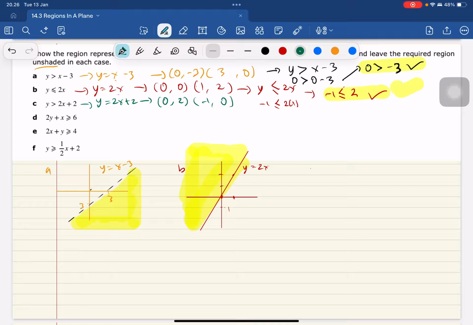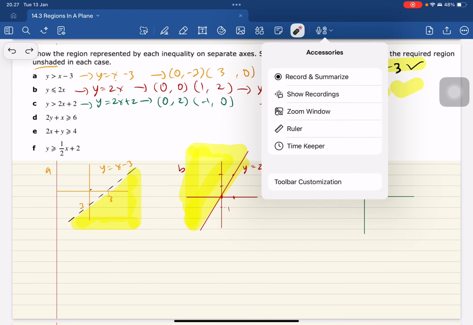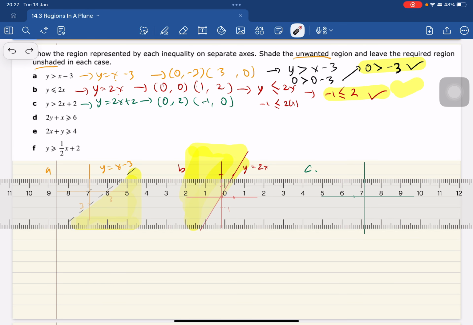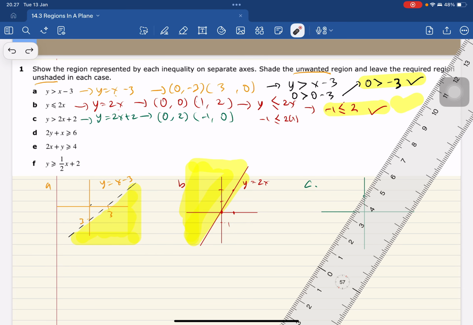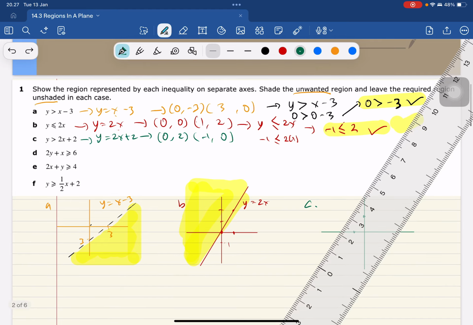So we got C, and this is the axis. This 2 here, and one more is minus 1 and 0. There is no full line as there is no equal, so I will draw it dashed by the ruler. Here is not full.